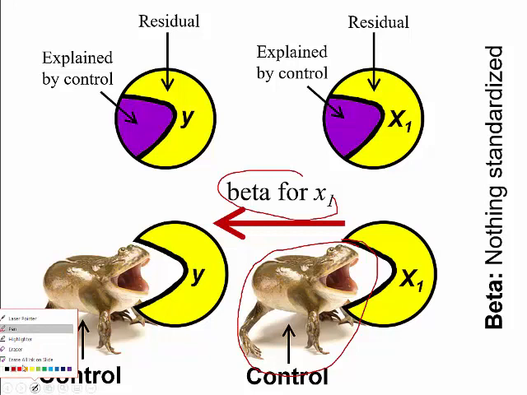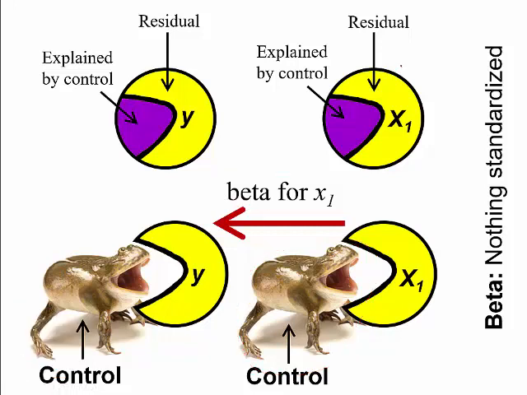So we have an x variable, and the control variable is going to extract everything it can out of x, and then I have a y variable, an outcome, and the control variable is going to extract everything it can out of my y variable.